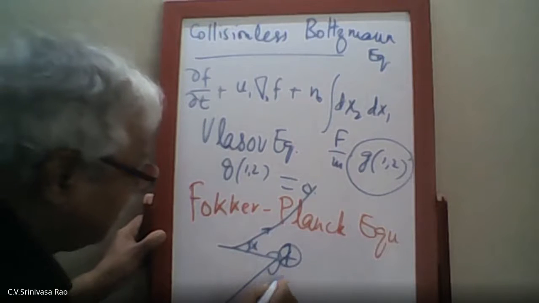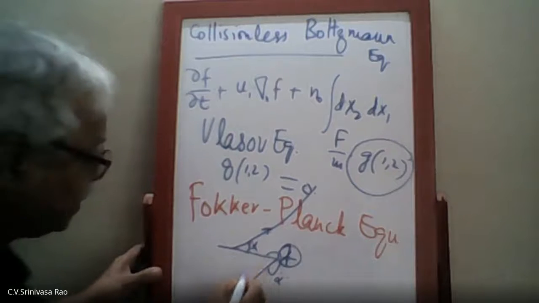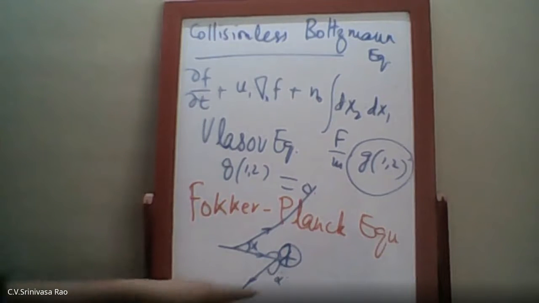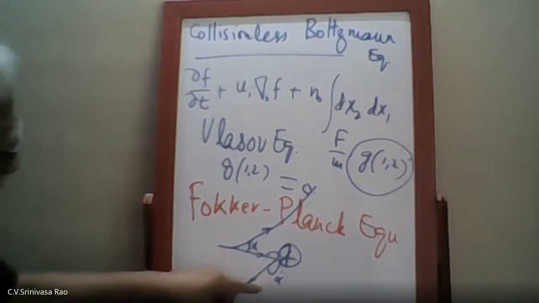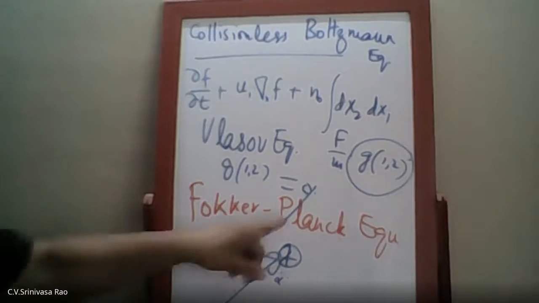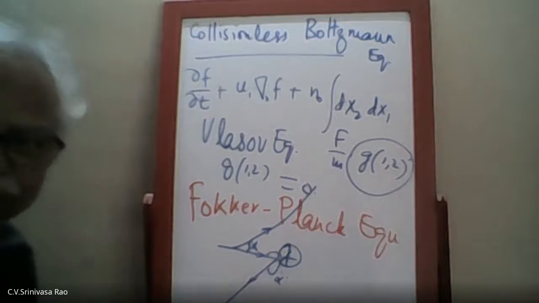So electrons get scattered in this direction. These are called large angle scattering. These kinds of scatterings are not taken into account in the Fokker-Planck equation. It's very difficult to take these into account.